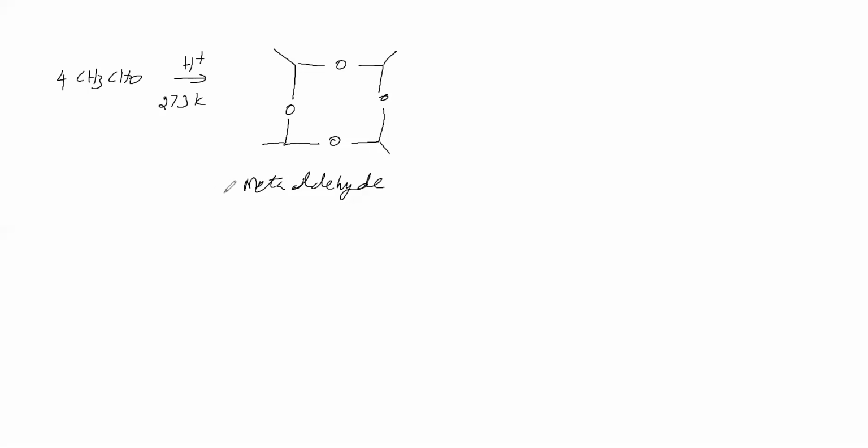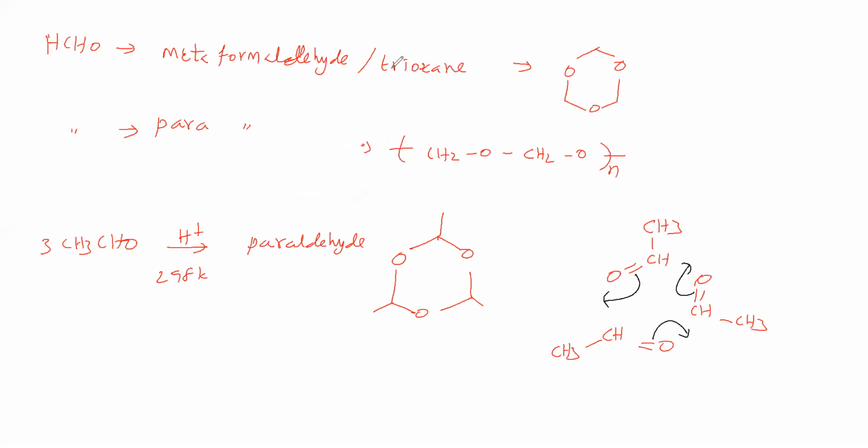Next, we will take metaformaldehyde and paraformaldehyde. Here we got metaformaldehyde and paraformaldehyde. Paraformaldehyde on heating gives back formaldehyde. Metaformaldehyde or trioxane on heating also gives back formaldehyde.